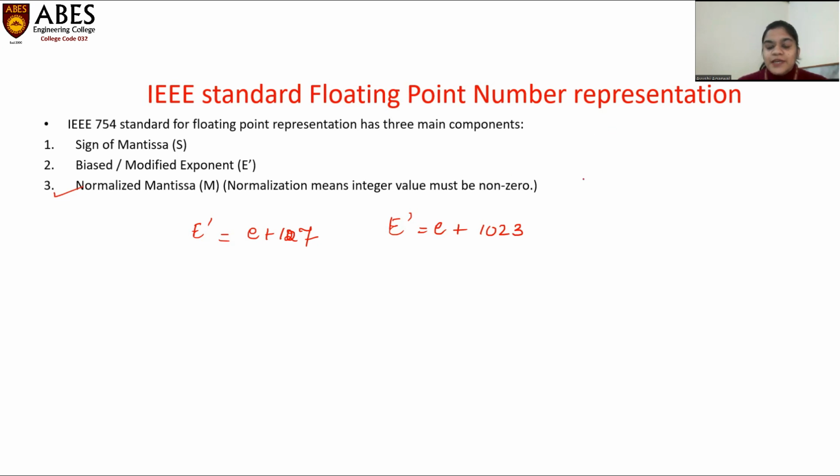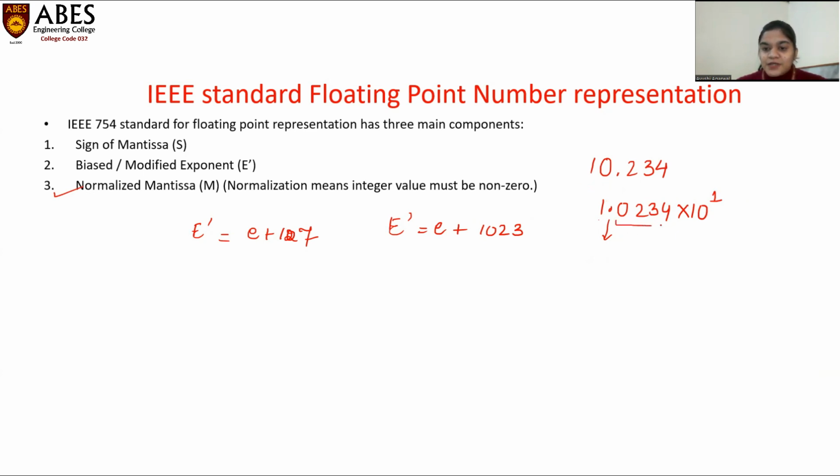For example, if I have a number as 10234, I must first normalize this value as 1.0234 into 10 to the power 1. Then I can use my value. That means just before the radix point I must have either 1 or some other value, but not 0. That is why this is called normalization of mantissa.